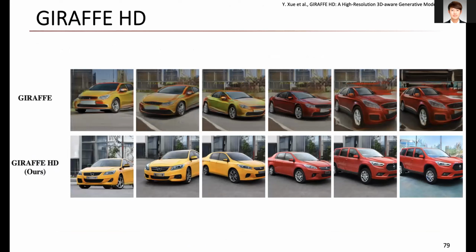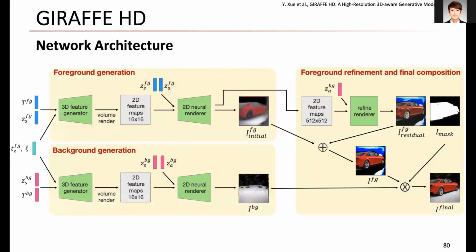Let's see the quality of GRAF, GIRAFFE and GIRAFFE HD. In this paper, the quality improvement is dramatic. This is the network architecture. The main key design of GIRAFFE HD is the refinement module.